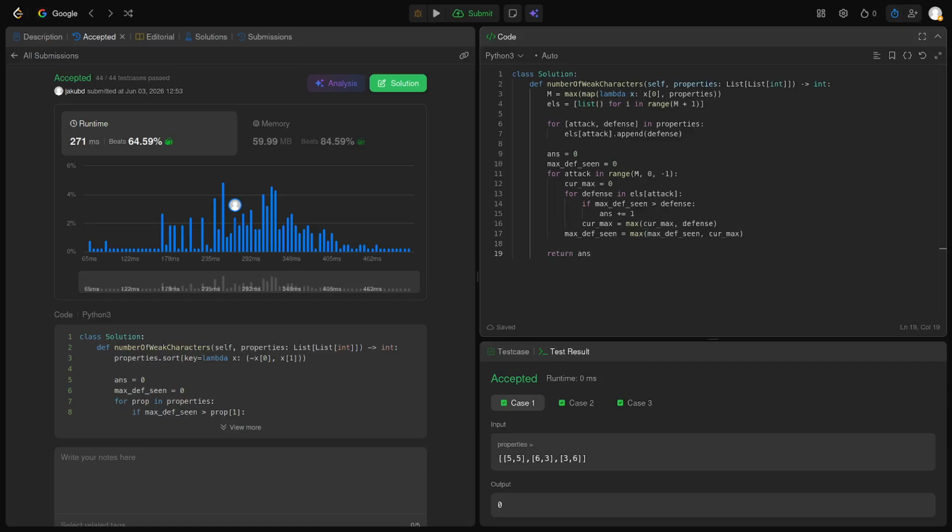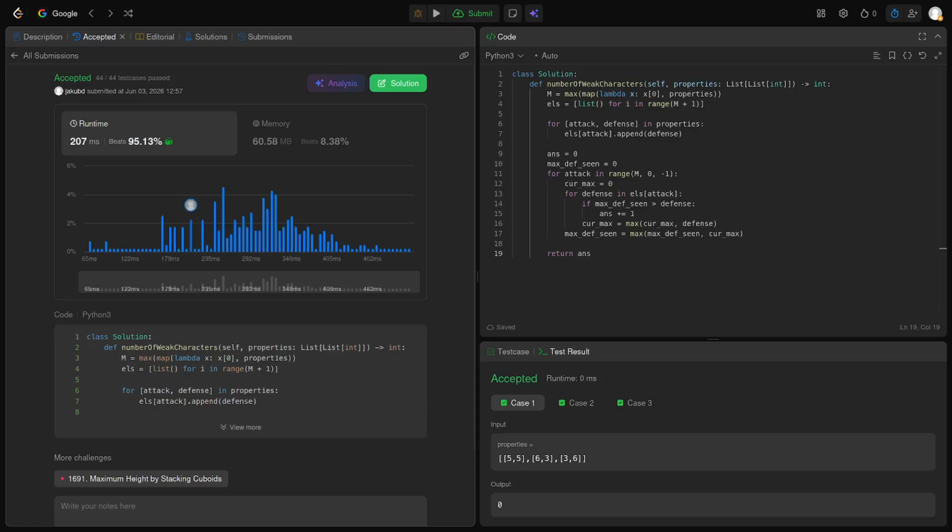Return ans. This should also work. Okay, that's a bit faster but the memory is worse.